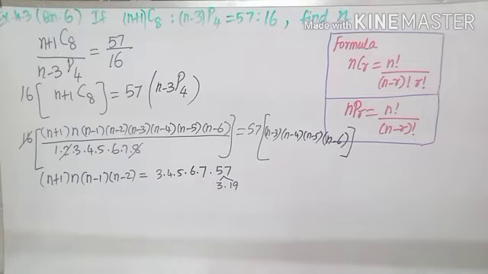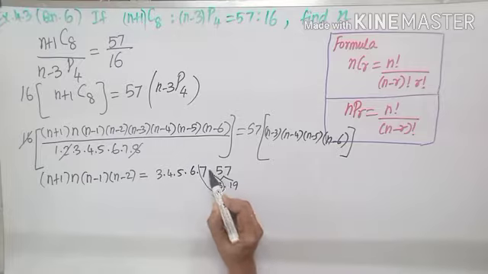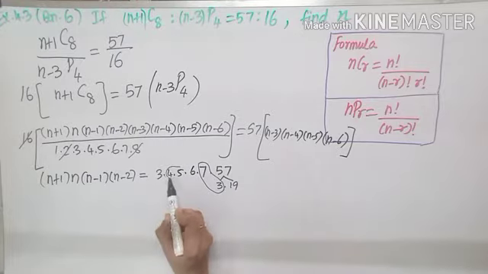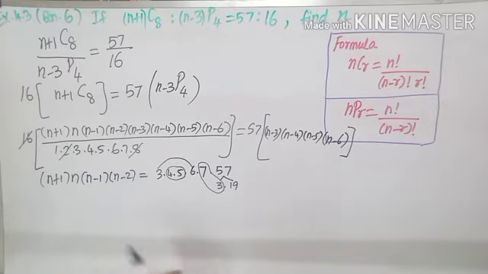I can combine these two, which will become 21. I can combine these two, which will become 20. I can combine these two, which will become 18. I need 4 numbers. Check whether I get 4 numbers: 18, 19, 20, 21. So we have 4 numbers.